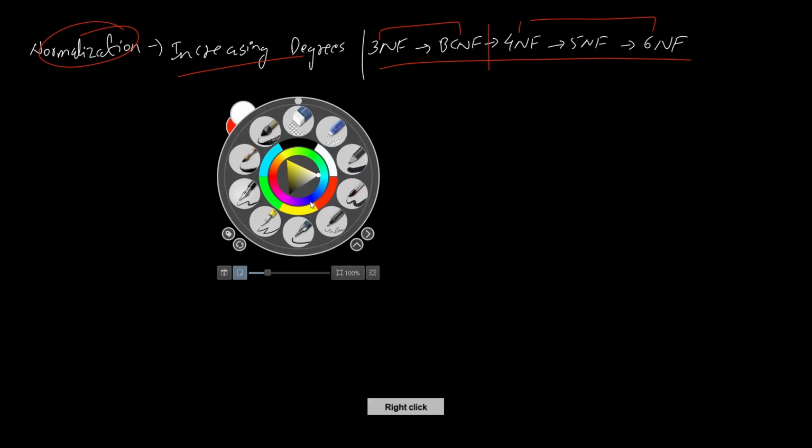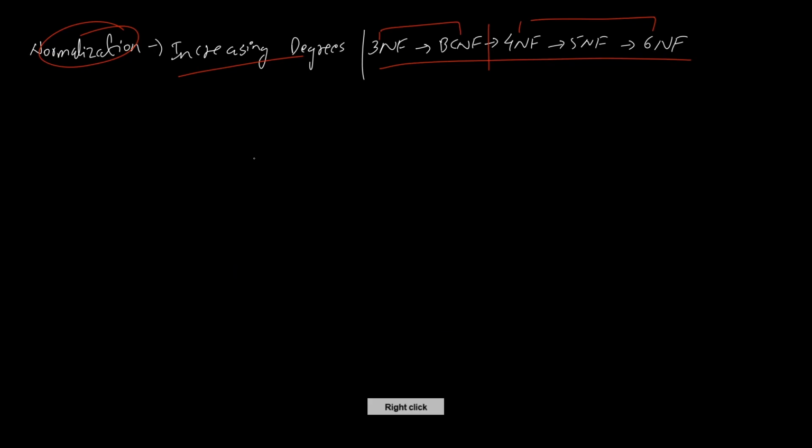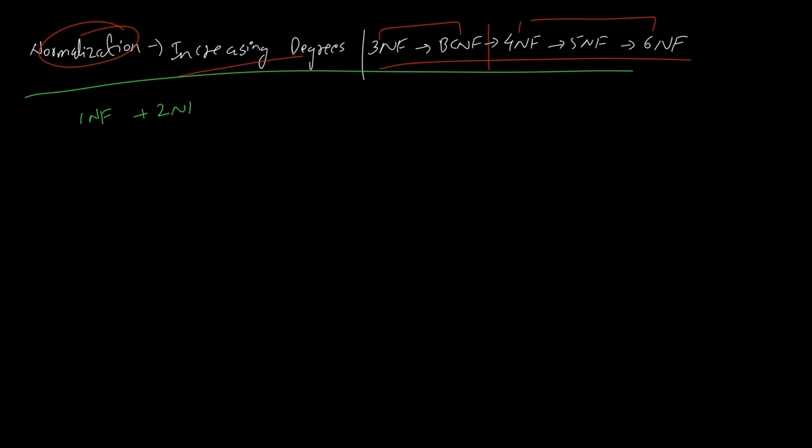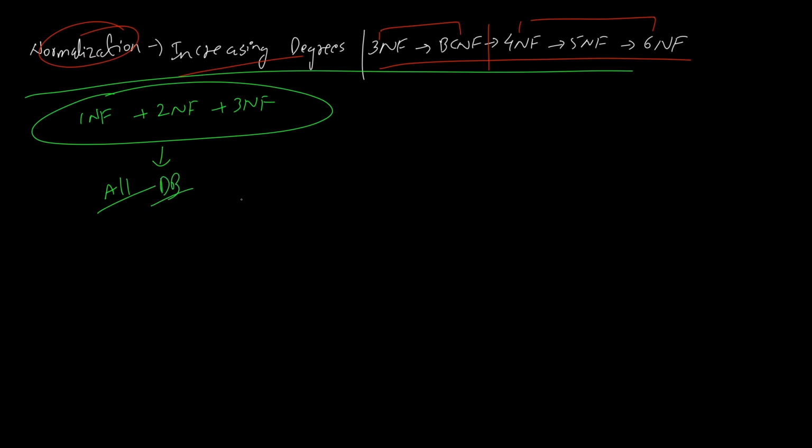Now the idea behind this whole thing, I'm changing colors for no reason, but the idea behind this whole thing is that when you do 1NF plus 2NF plus 3NF, this thing you will see in every db. Every db that is normalized will always have these three basic.